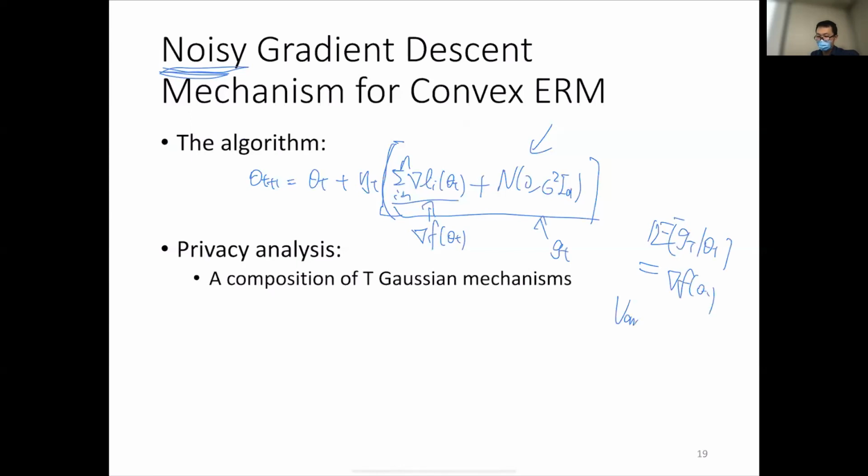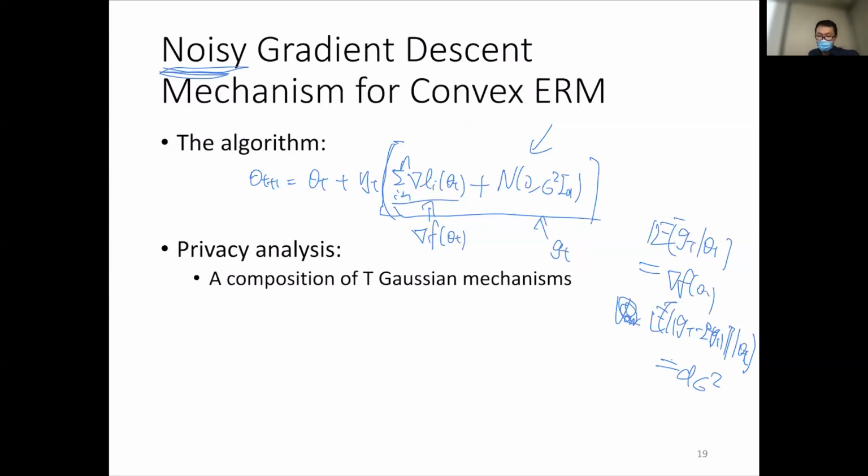And secondly, the trace of the covariance given theta t is equal to d times sigma square. It checks the condition that we have, and we can make use of the theoretical analysis that we've done so far to analyze the convergence of the noisy gradient descent algorithm without changing anything.